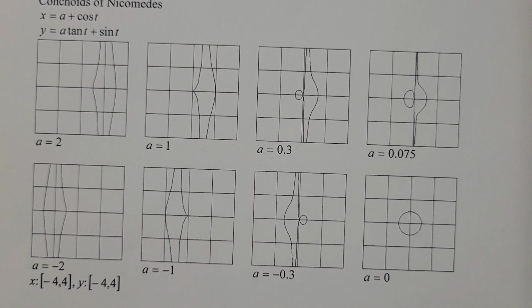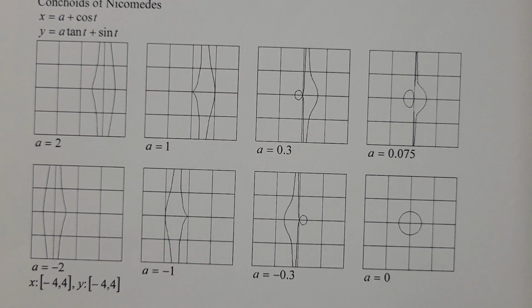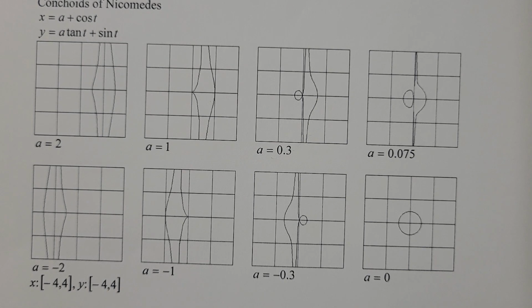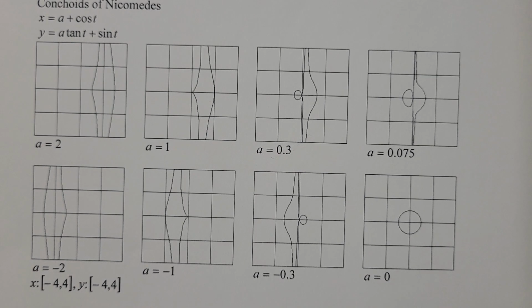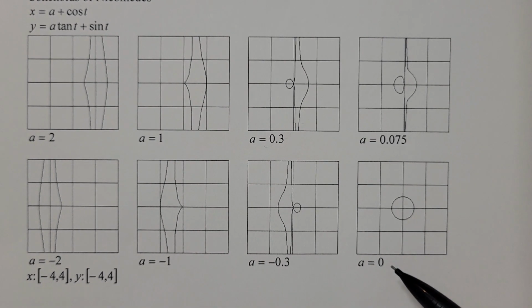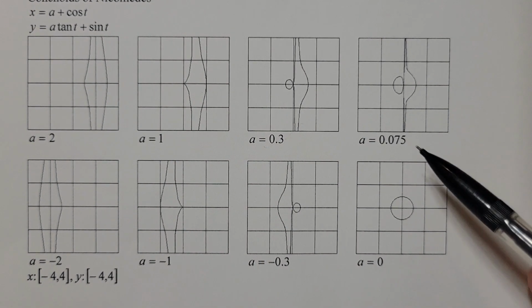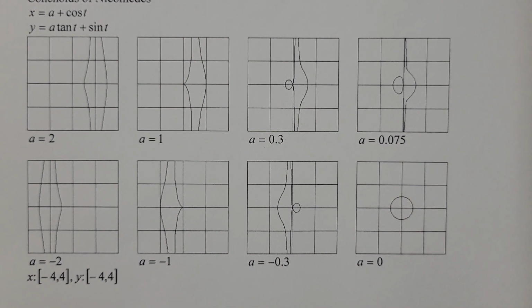It's named after the Greek scholar Nicomedes, and he called these conchoids because the shape of the outer branch kind of resembles a conch shell. All of these curves, except for when A is 0, have two branches, a left branch and a right branch.